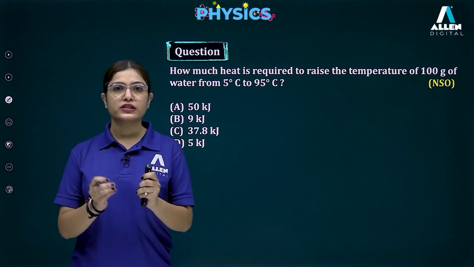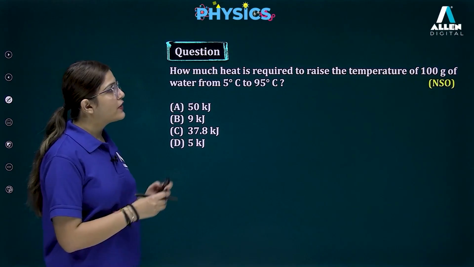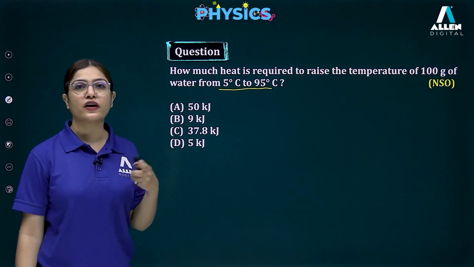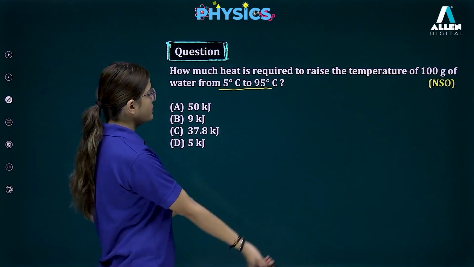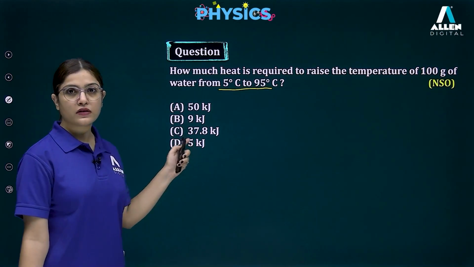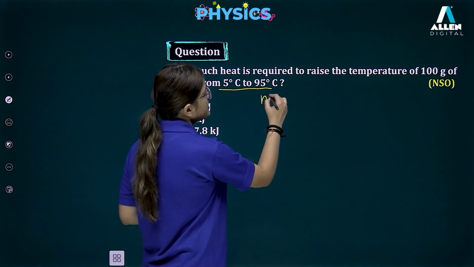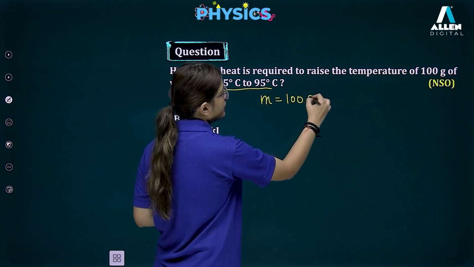The next question given here: how much heat is required to raise the temperature of 100 gram of water from 5 degrees Celsius to 95 degrees Celsius? Again, it is a very simple one. The answer is given in kilojoule, so we have to convert the value as well. M is equal to 100 gram.